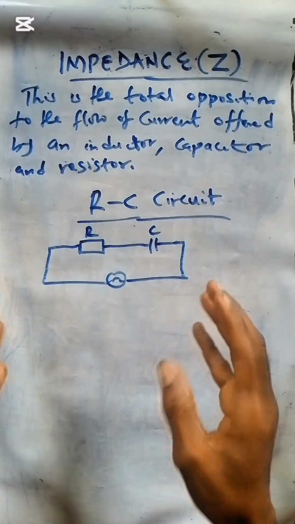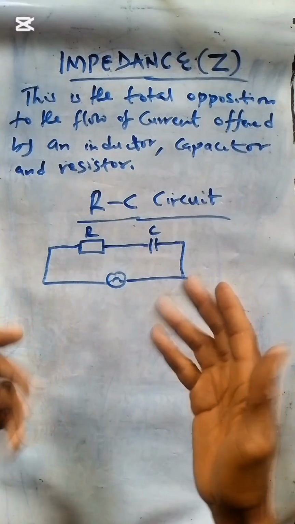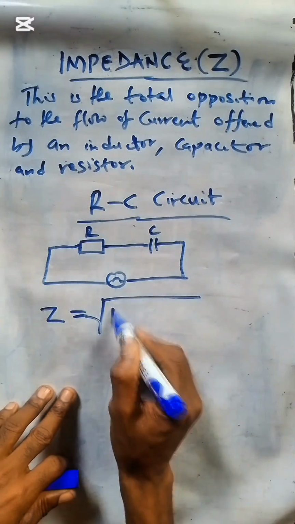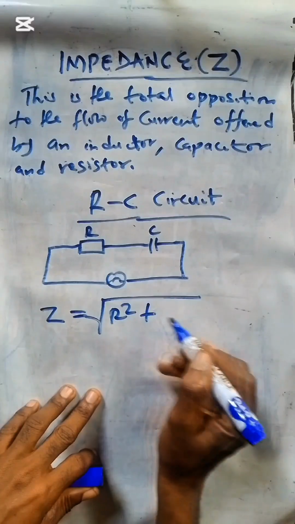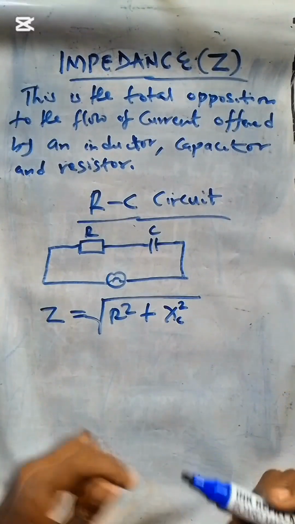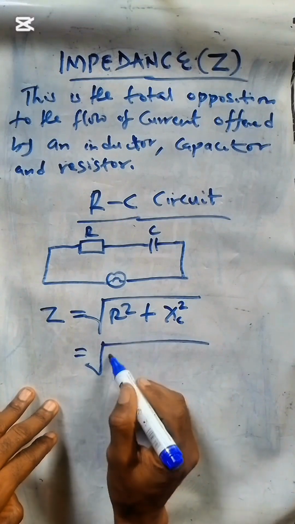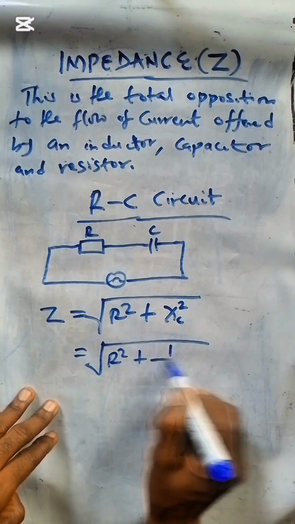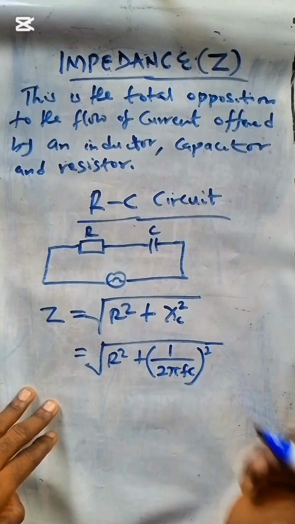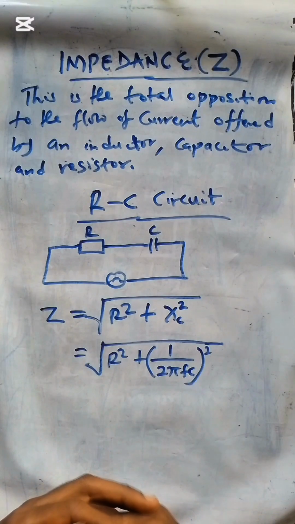The total opposition, that is the resistance offered by the resistor and the capacitor, can be calculated using the equation Z is equal to the square root of R squared plus the square of your capacitive reactance. So this will also give us the square root of R squared plus (1 over 2πfC) all squared. Take note of that.